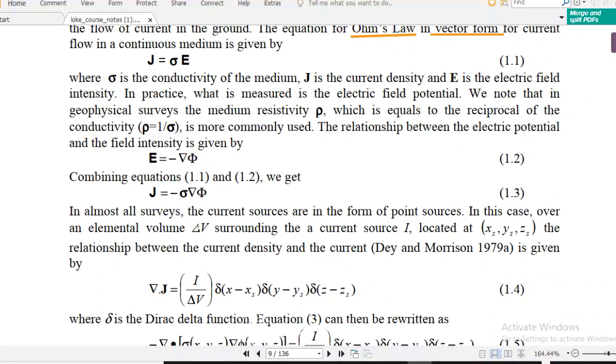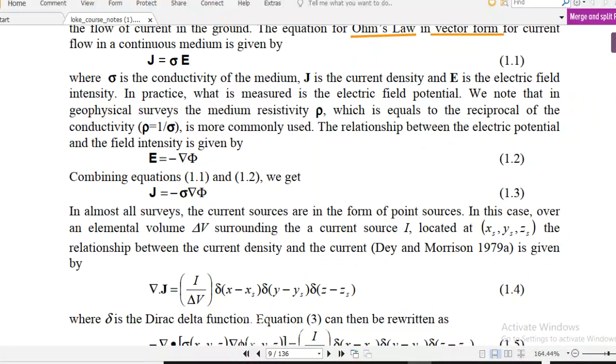In almost all surveys, the current sources are in the form of a point source. In most cases, one electrode is inserted in the ground as a point. In this case, over an element volume delta V surrounding the current source I, located at X, Y, Z, the relation between the current density J and the current, by Day and Morrison 1979, is given by this relation.